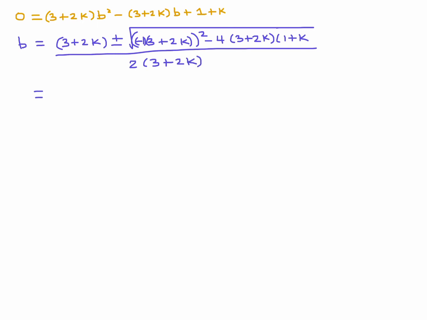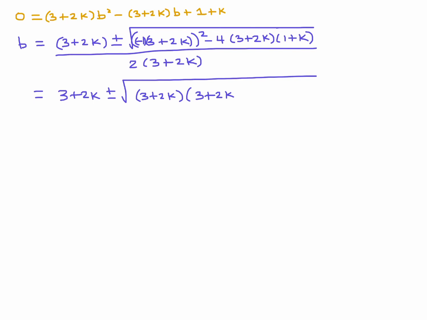All right, so here we go. Now we've got to simplify this. All right, 3 plus 2k plus or minus, in the brackets, let's see here. If I factor, I think things will be a little bit helpful for me. 3 plus 2k, and this will be 3 plus 2k minus 4 minus 4k, like that.